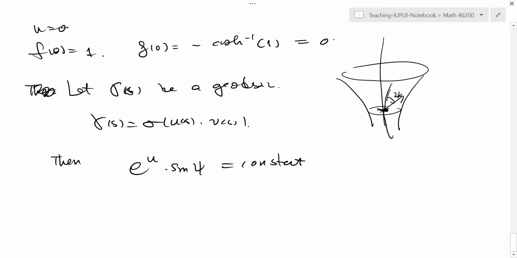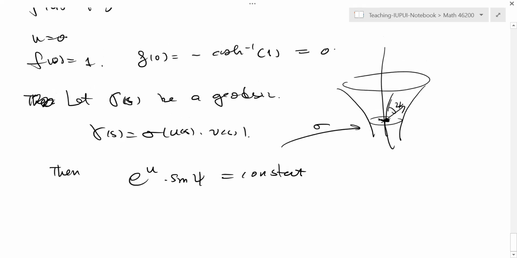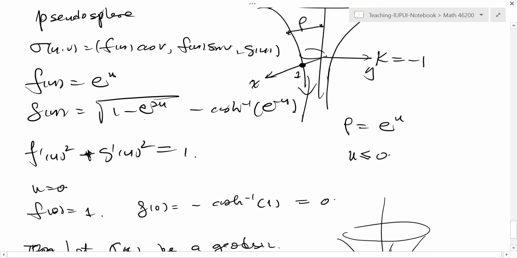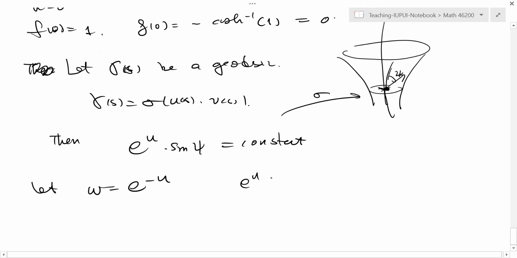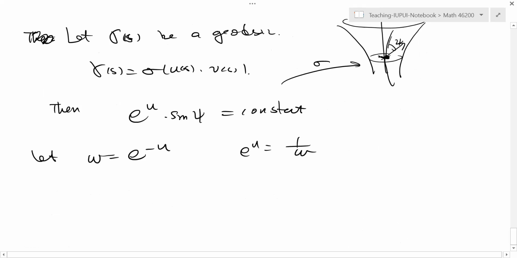So we're trying to find a new parameterization, different from the original sigma. I'm going to choose another parameterization. Let w equal negative u. Then e to the u is 1 over w.